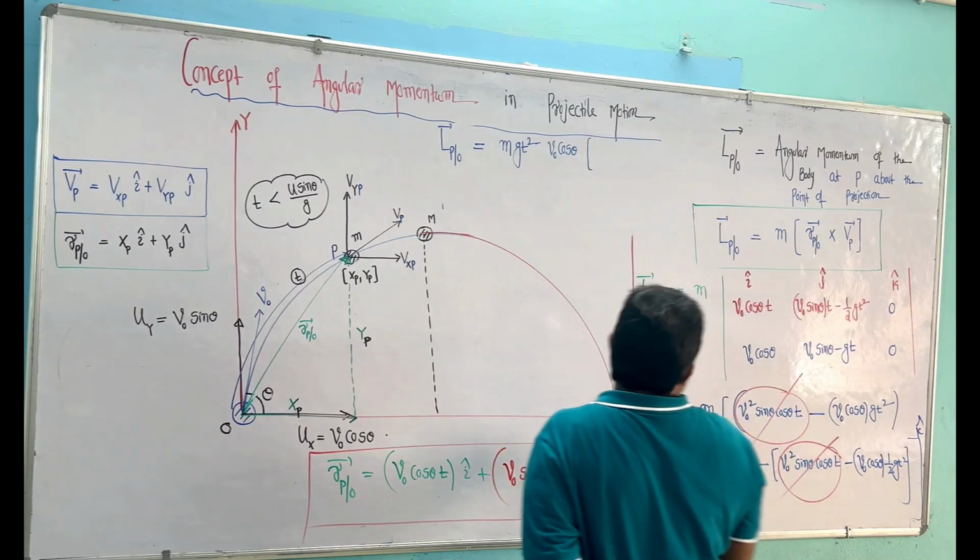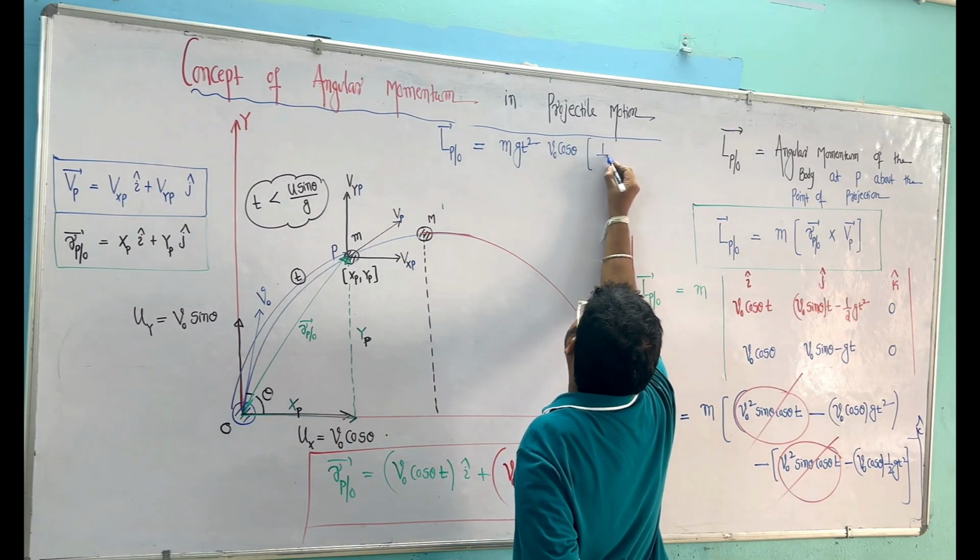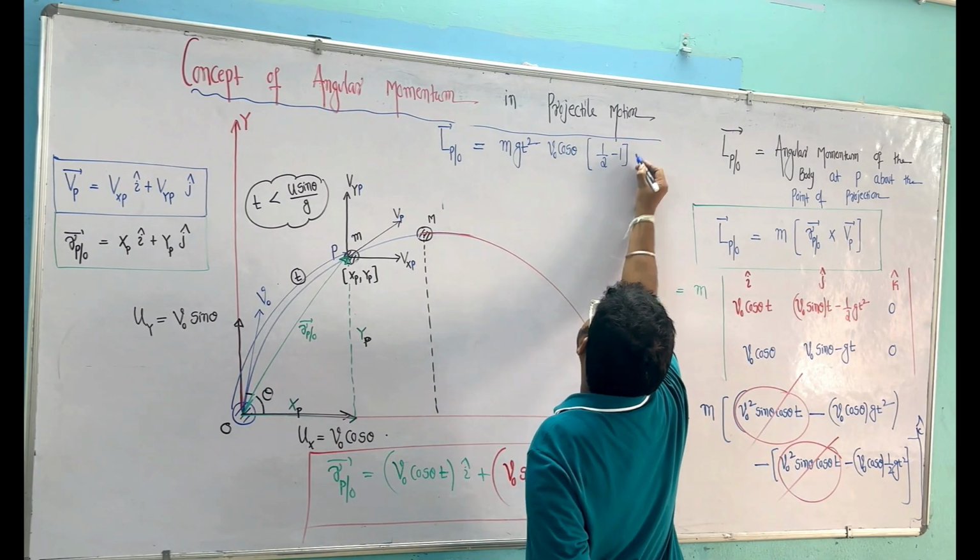This is how much? Half minus 1, correct or not, into k cap.